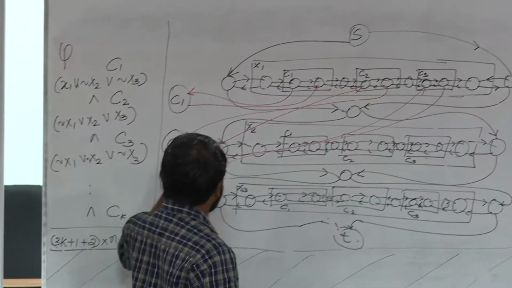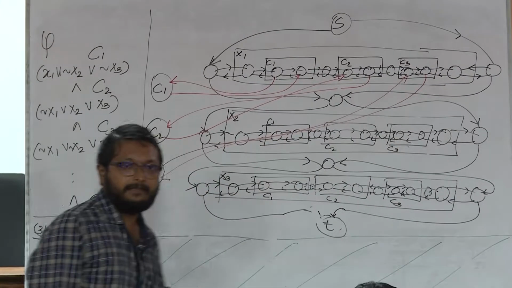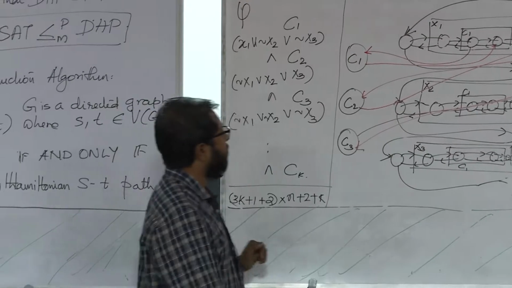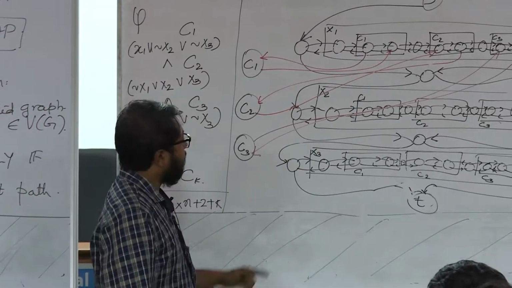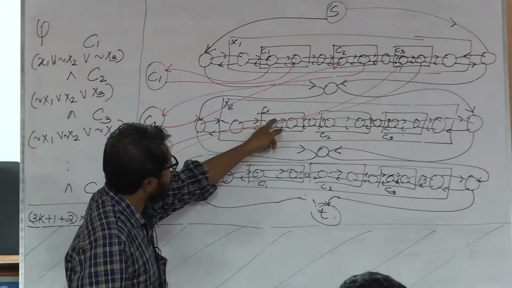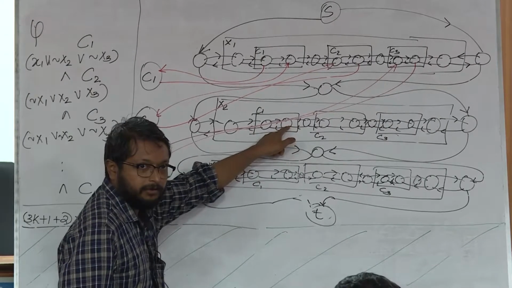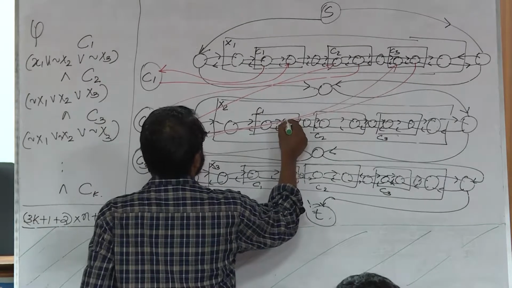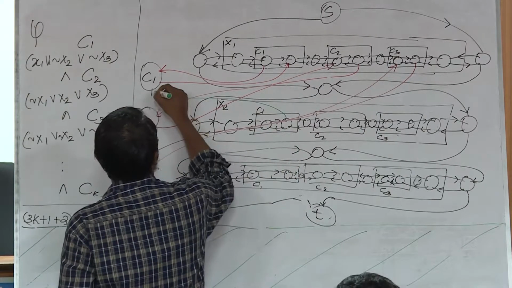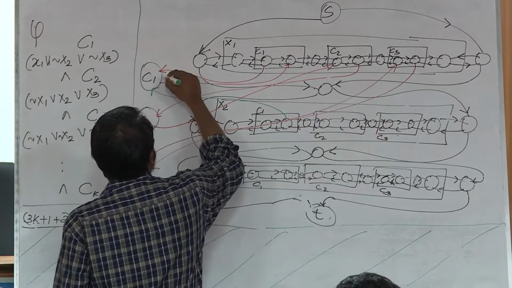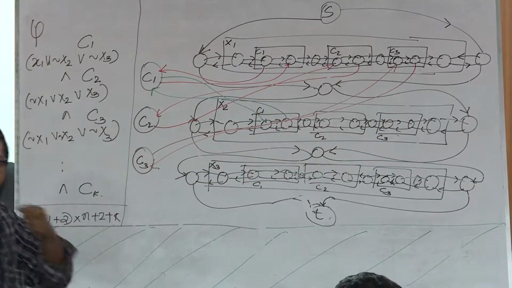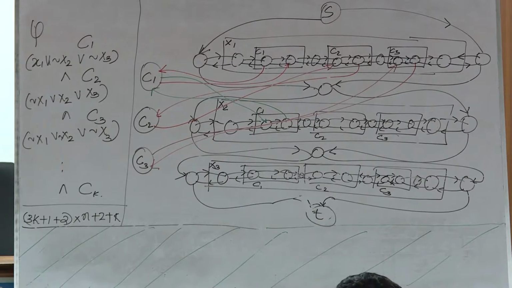Okay. So, now x2 C1, let us look at x2 appears in C1 in the negated form. So, what should I do? So, x2 C1's right to C1 I should have an edge and come back to the left. This is my edge directions.